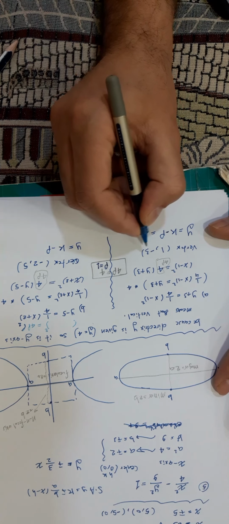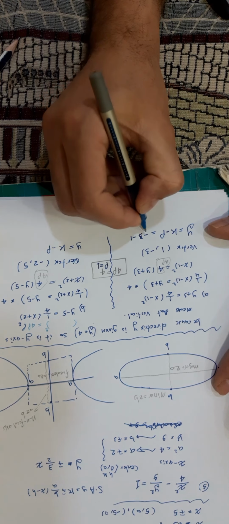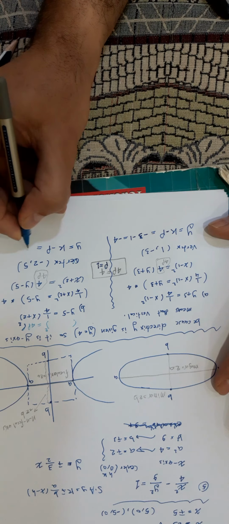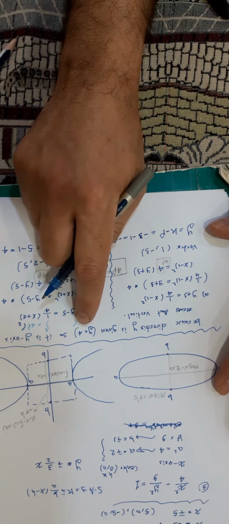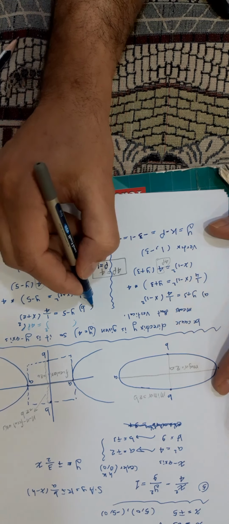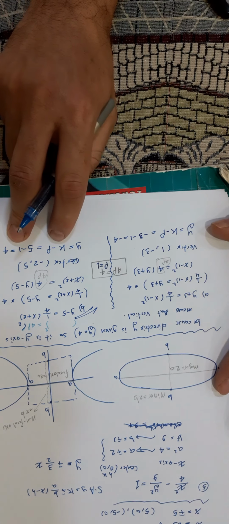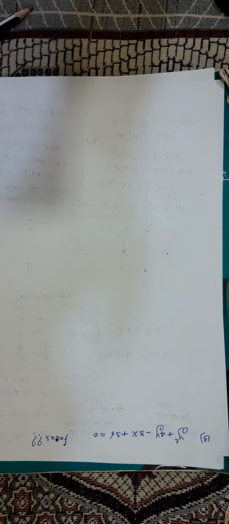So k is negative 3 and p is 1: negative 3 minus 1 is negative 4. For the other, k is 5 minus p, minus 1, is 4. So which one is y equal to 4? Just option B is true for example 10, because here the directrix is equal to 4.